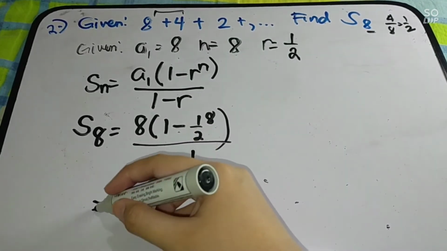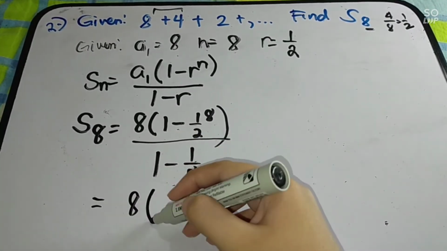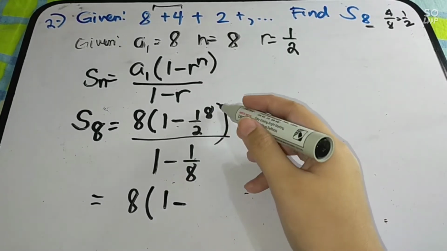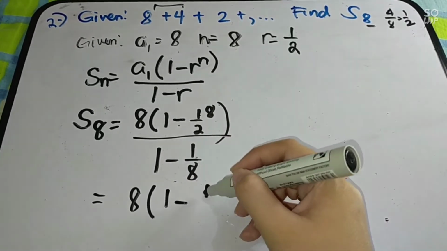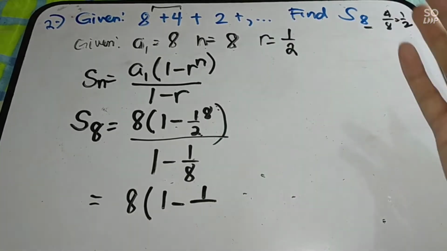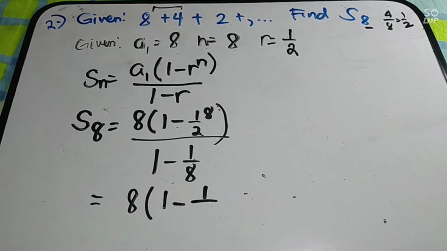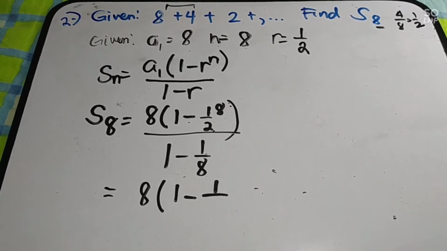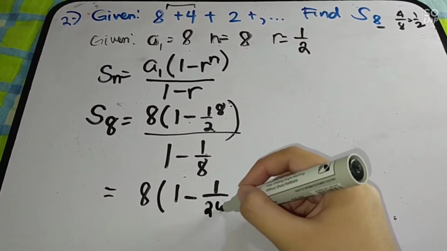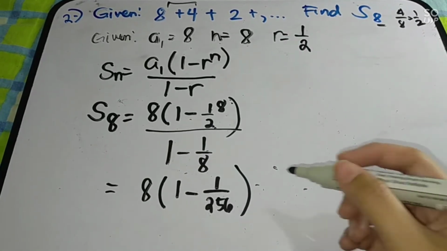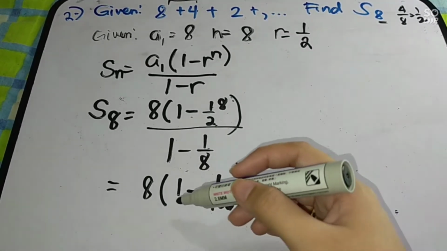Then, afterwards, you have here 8 times, just simplify, 1 minus 1 raised to 8, 1 raised to 8 is 1 over 2 raised to 8. So, meaning, 2 times 2 times 2 hanggang 8 beses mo i-multiply yung 2 sa kanyang sarili. So, ang sagot doon is 256. Yan. So, pwede ka namang gumamit ng calculator para mas madali mo siyang ma-solve, diba?